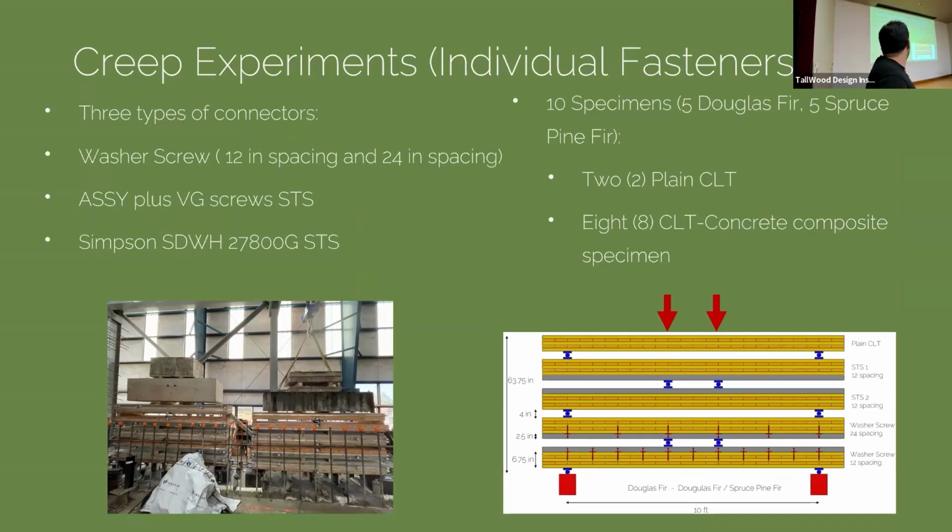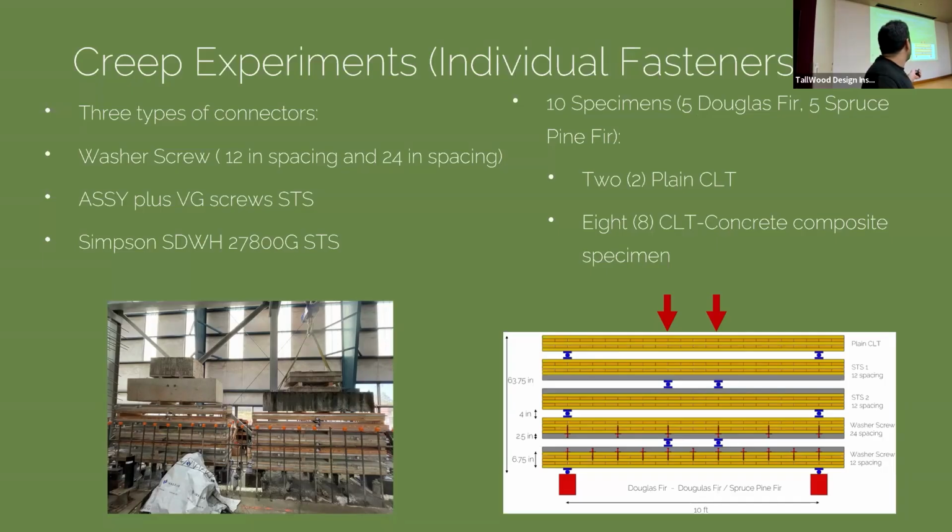You would need 10 different concrete blocks. You need lots of space. Right now, this concrete is under compression. The CLT is under tension, and this one is upside down. So this one equals that one exactly. They are still 4-point bending.